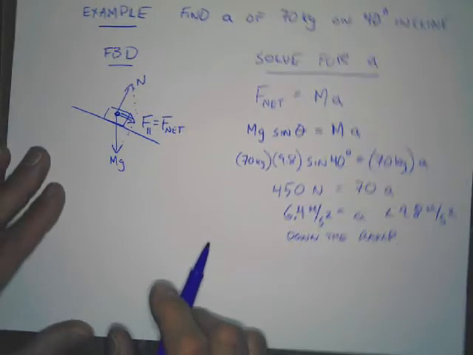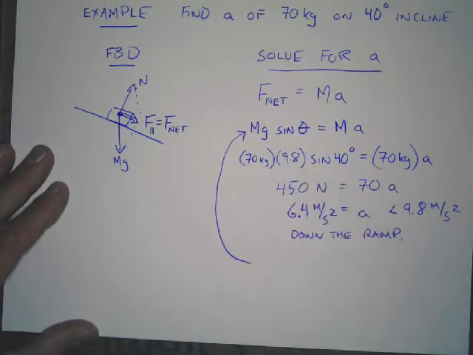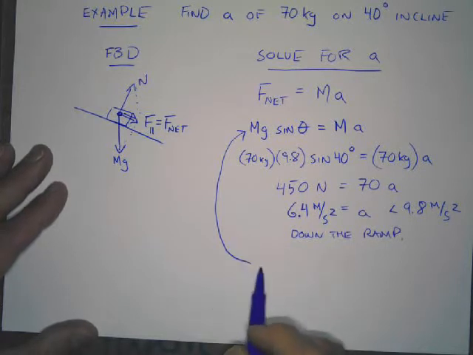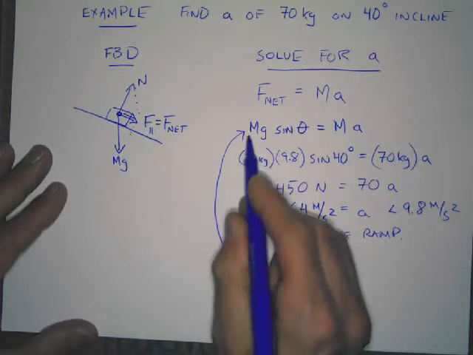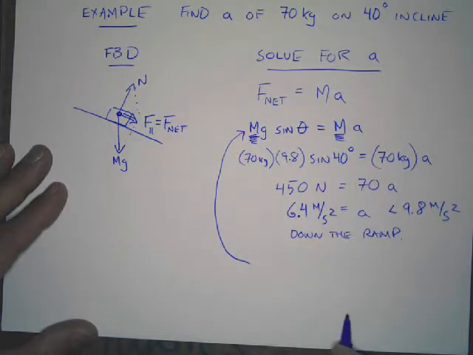The other thing that you might notice is that if you went back up to where you wrote things symbolically, there is a little bit of a payoff here. If you write some things symbolically, sometimes you learn shortcuts. Did you notice that this term and this term show up on both sides? Mass.